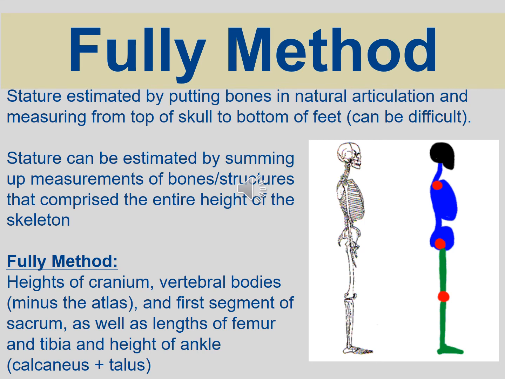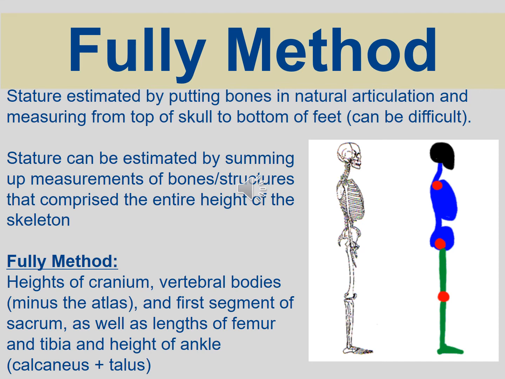So typically what you do is you measure the height of the cranium, you measure the height of all of the vertebral bodies, minus the atlas, because that's kind of tucked underneath, as well as it doesn't have a vertebral body.